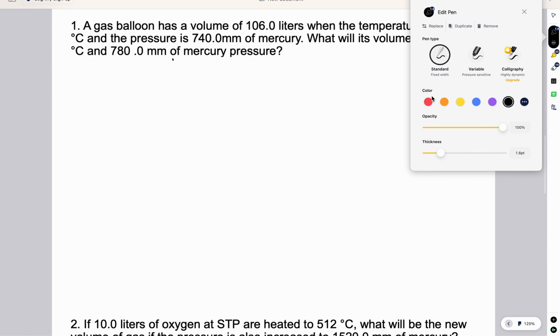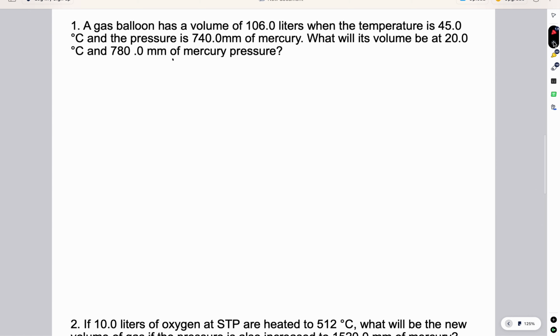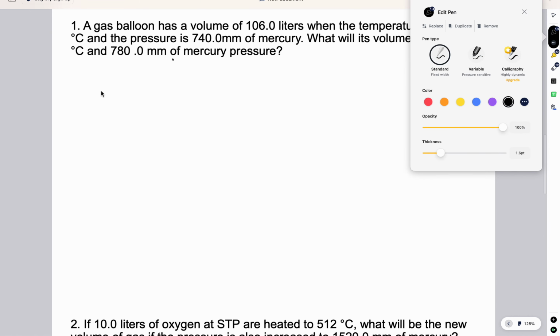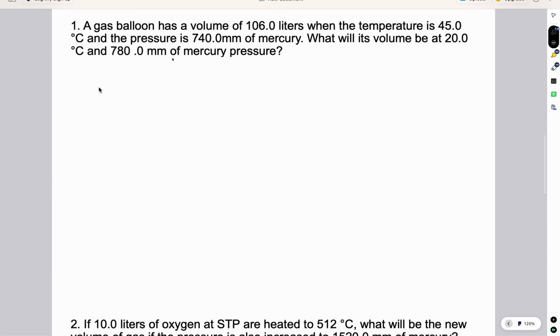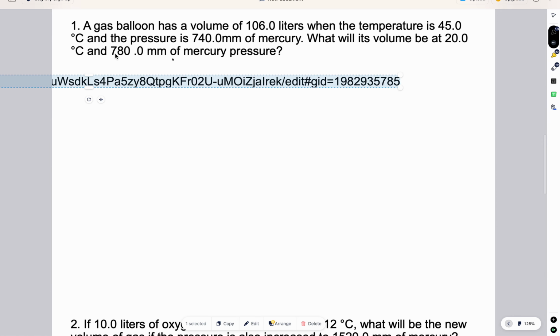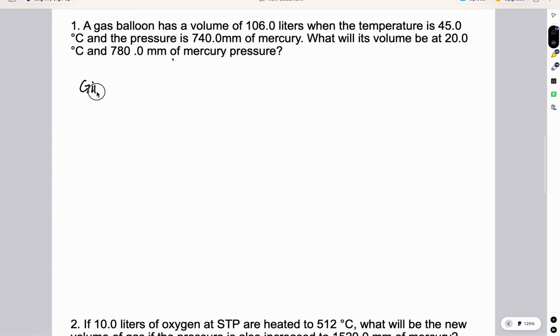If you read this carefully, you will know that the givens are V1 is 106 liters, T1 is 45 degrees Celsius, and P1 is 740 mmHg.